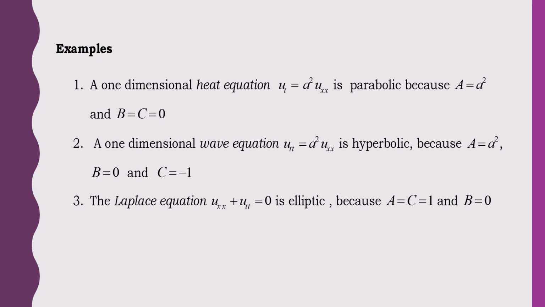The first example is a one-dimensional heat equation u_t equals a square u_xx. We can also write this equation as a square u_xx minus u_t equals 0.